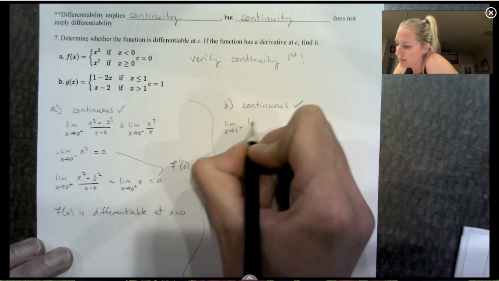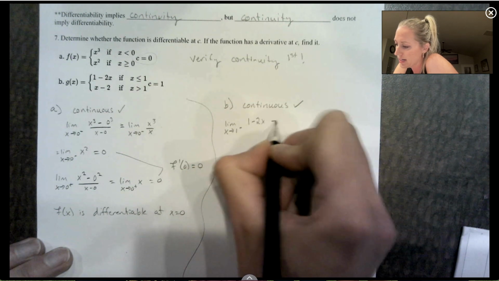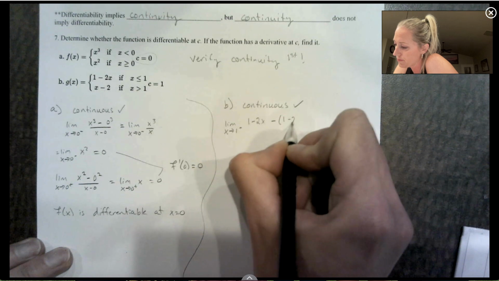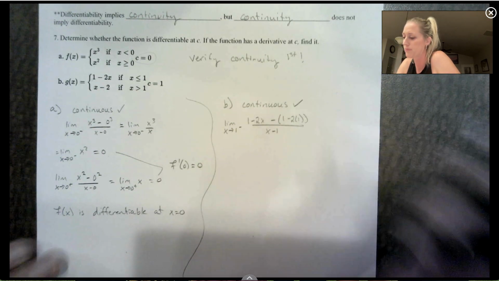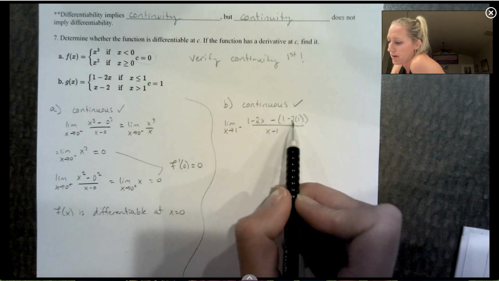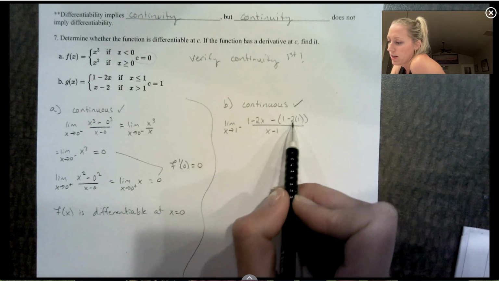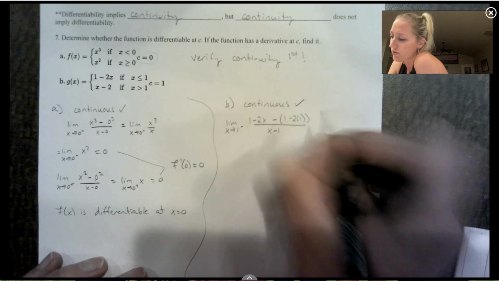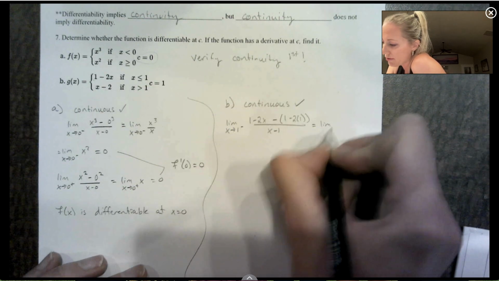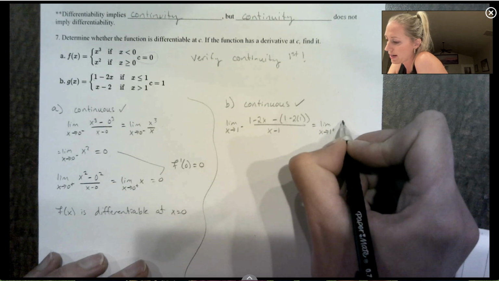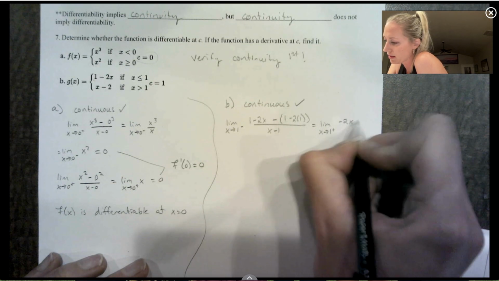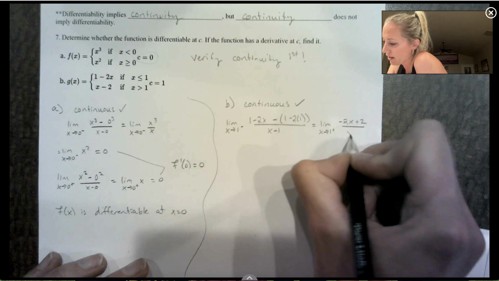So f of x minus f of c over x minus c. Here I get 1 minus 2 is negative 1, minus negative 1 is going to be plus 1. After simplifying the top, we get negative 2x plus 2 over x minus 1.